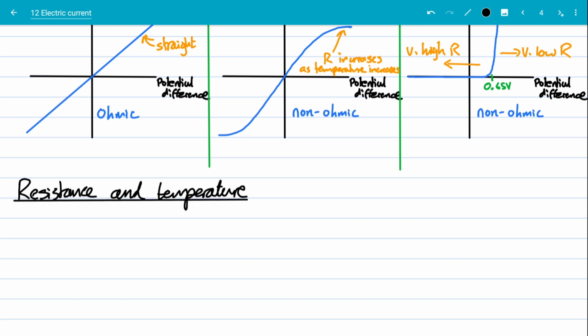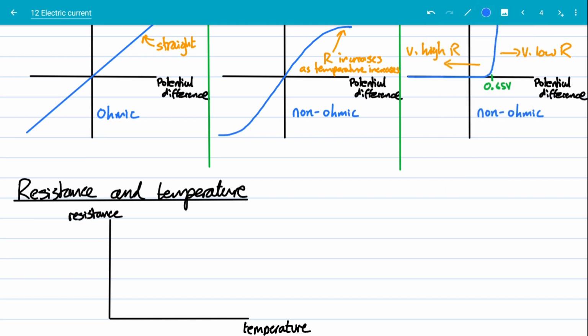So if I were to plot a graph of, let's say, resistance versus temperature, in fact, I'm going to call it resistivity, not resistance. No, the title's resistance. I'll call it resistance. Resistance versus temperature. Could be resistivity, it would still be correct. What do we find?